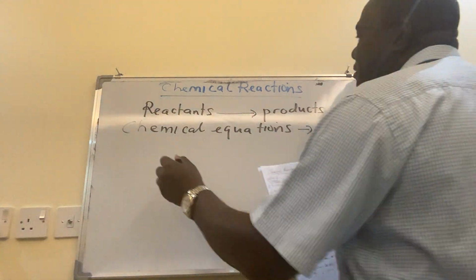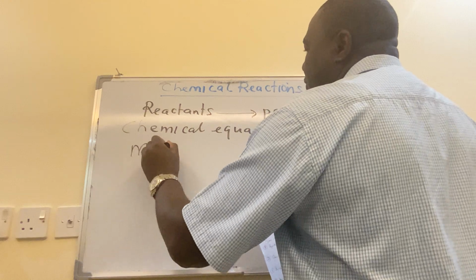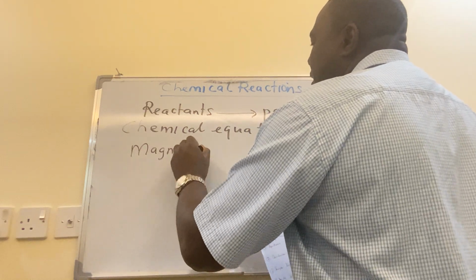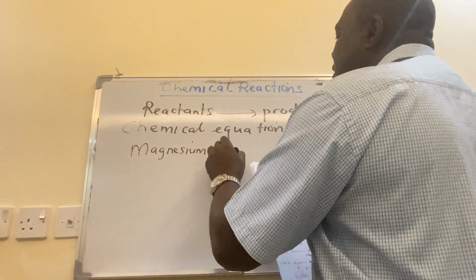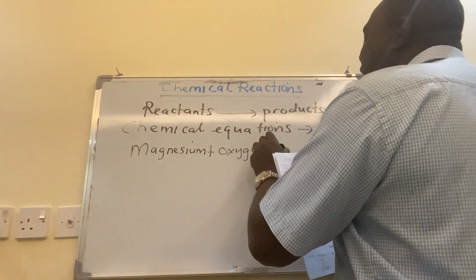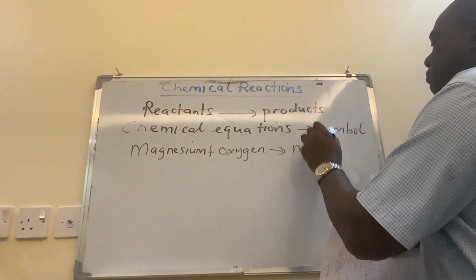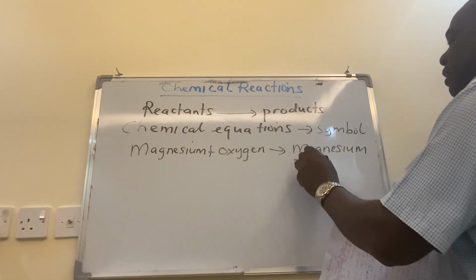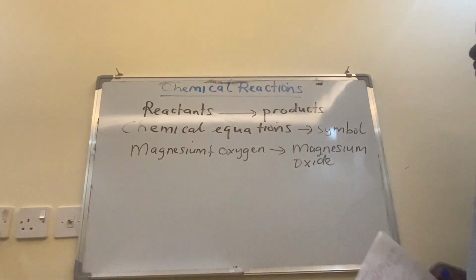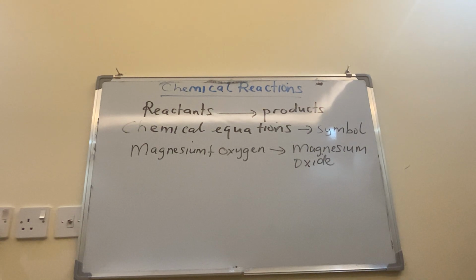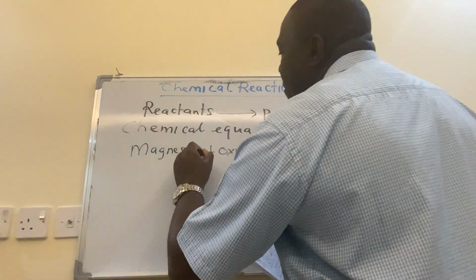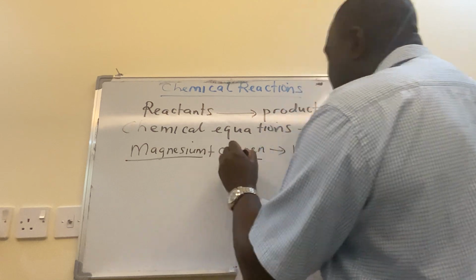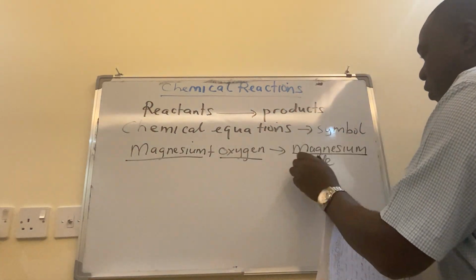Let me just illustrate what I mean by that. We can have magnesium burning in air and combining with oxygen, and then we are going to have magnesium oxide. This is a word equation because we are simply writing magnesium in full, oxygen in full, magnesium oxide.